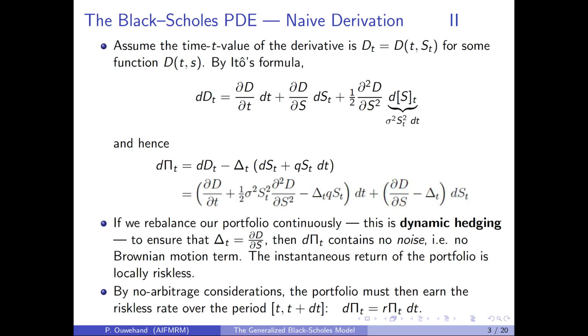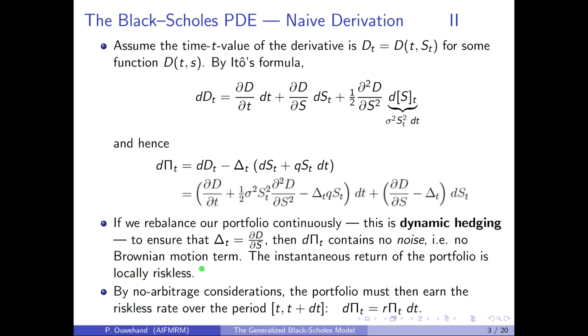Now the Brownian motion sits only in dS_t, it does not sit in dt. So if this term disappears, then there is no noise at all. In other words, we just have a dt term. In that case, the instantaneous return of the portfolio is locally riskless because of the absence of a Brownian motion.